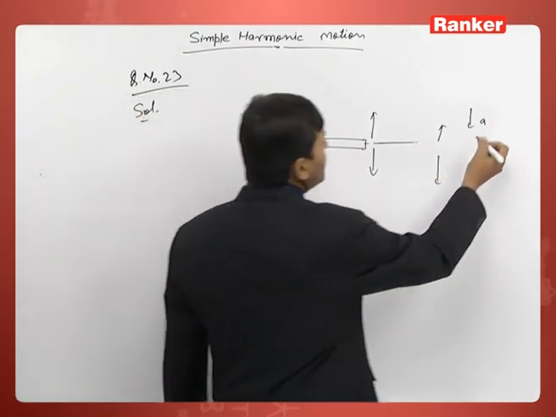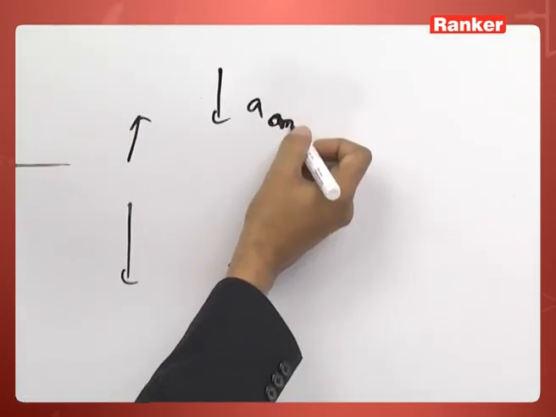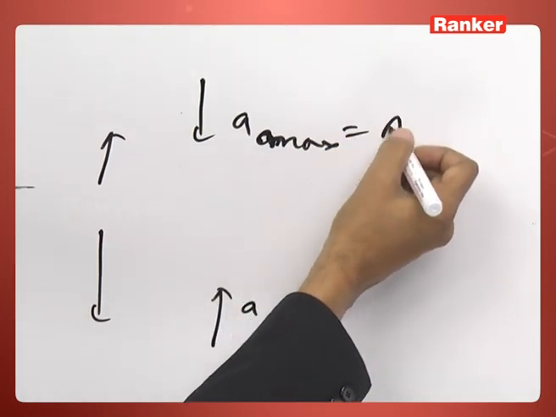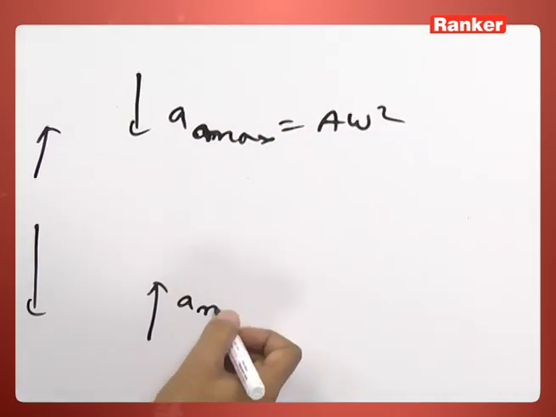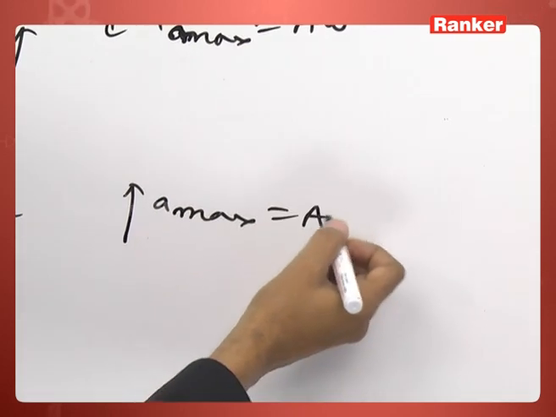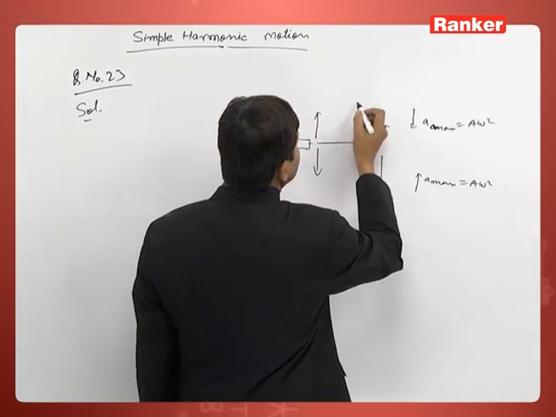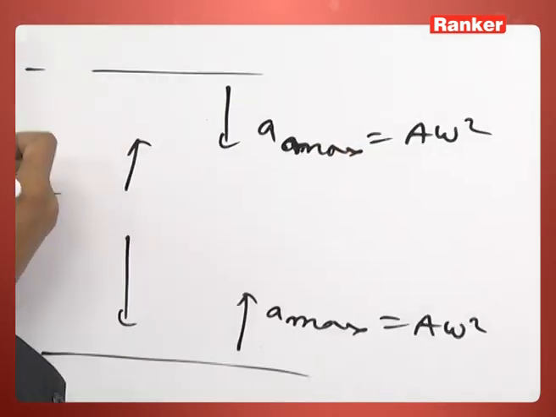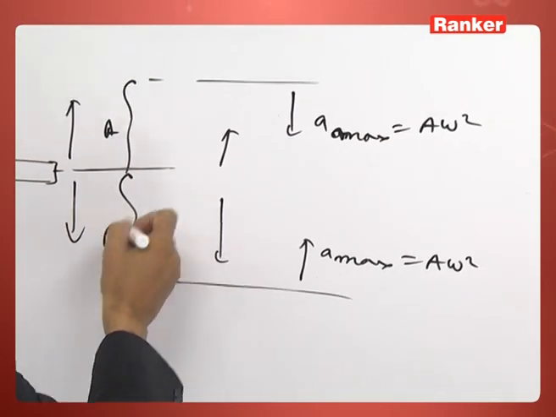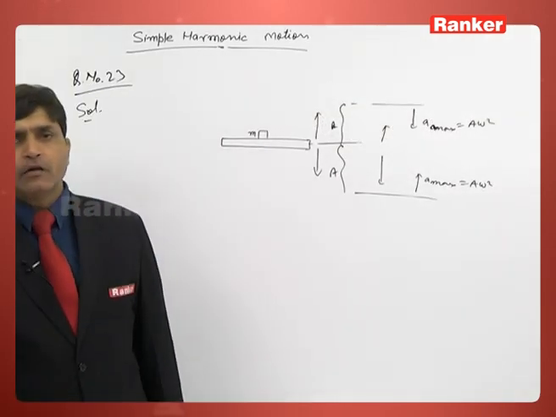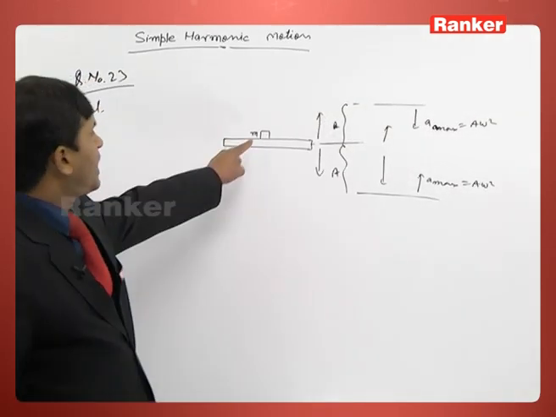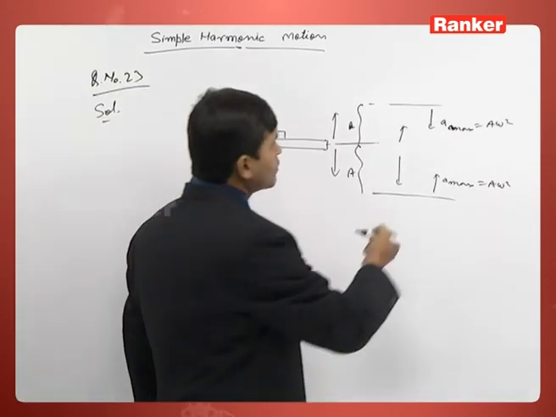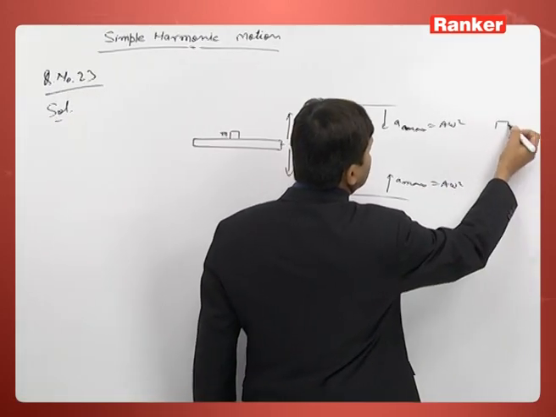So a maximum, either going down or going up, is A omega square, and this will be at the amplitude position, where A is the amplitude.